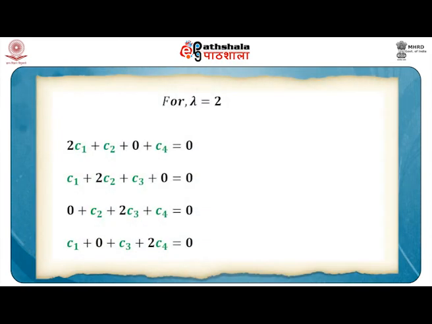Now lastly, we have to calculate the molecular orbital for lambda is equal to 2. Again here, in a similar way, we will have the following secular equations, as you can see here.